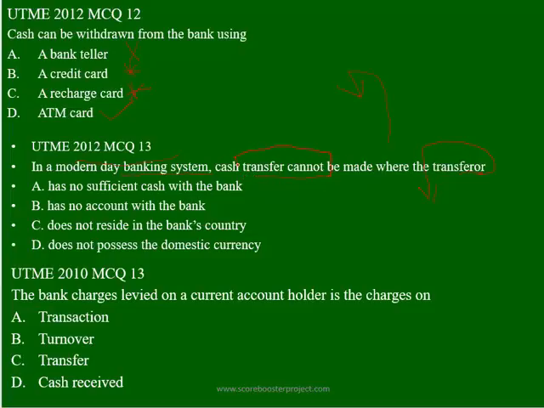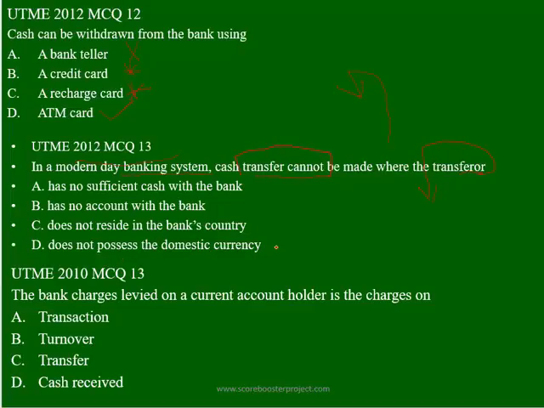You cannot make the cash transfer if you have no sufficient cash with your bank, has no account with the bank, does not reside in the bank country, does not possess domestic currency.